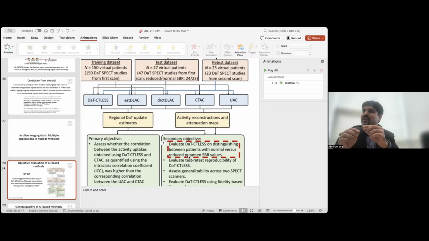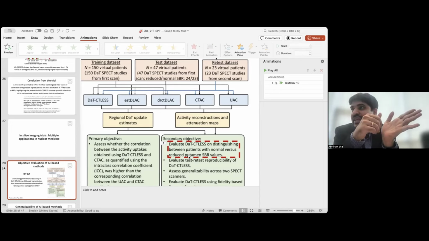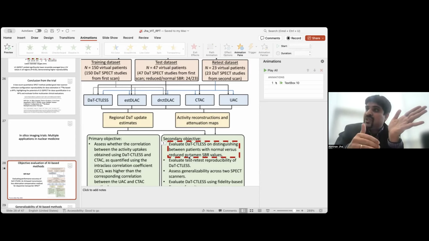So it's not really whether your accuracy is 90%. It's really whether you are able to make that clinical decision more accurately or not, if the patient has normal versus reduced striatal binding ratio, because that can change patient management. So, if you're using something as a biomarker, you have this clinical decision that you're making using something. Now, we have CT-based attenuation compensation, which is currently the imaging method that's used to compute this striatal binding ratio, right?